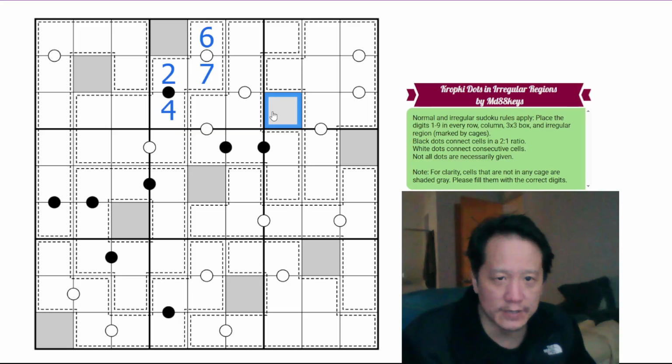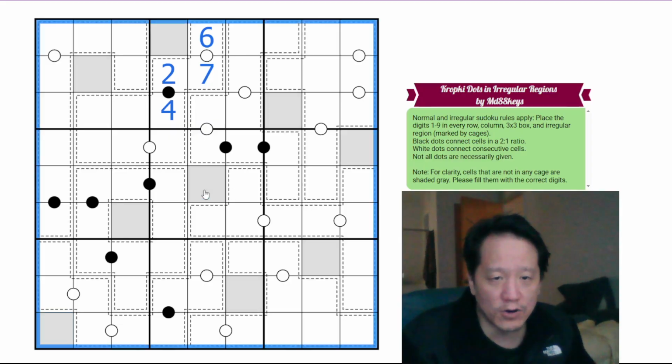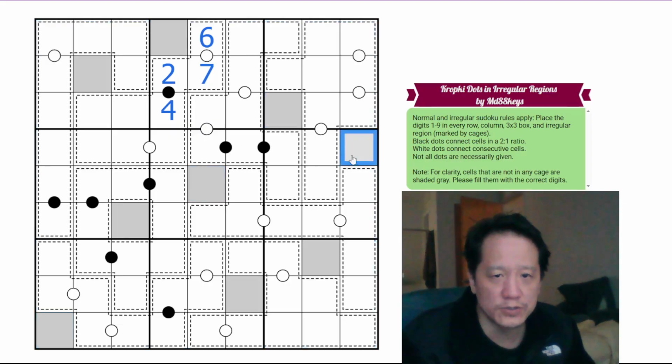And there should be 9 of them, right? Because we should have 8 irregular regions. 1, 2, 3, 4, 5, 6, 7, 8, 9. And we do have 9. Please fill them with the correct digits, so there are digits in these gray cells also.